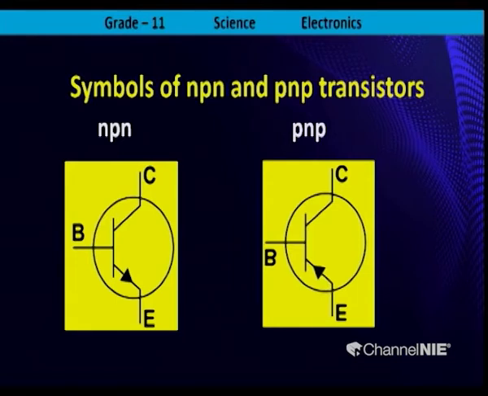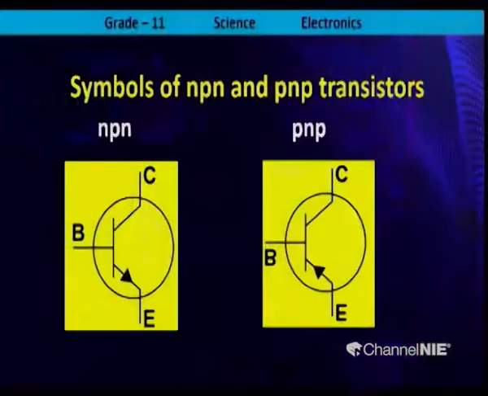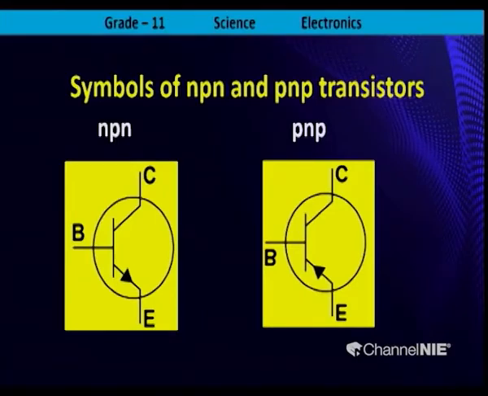What's that difference? When you focus our attention on the symbol of Npn transistor, you can see the arrowhead is pointed towards the emitter.